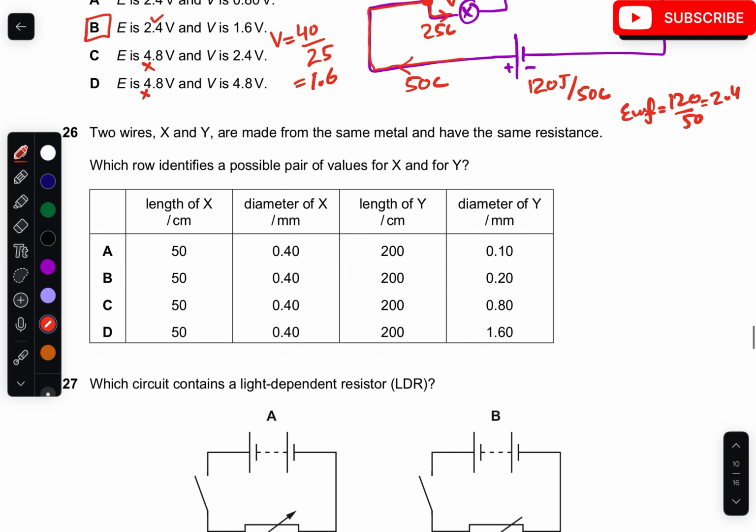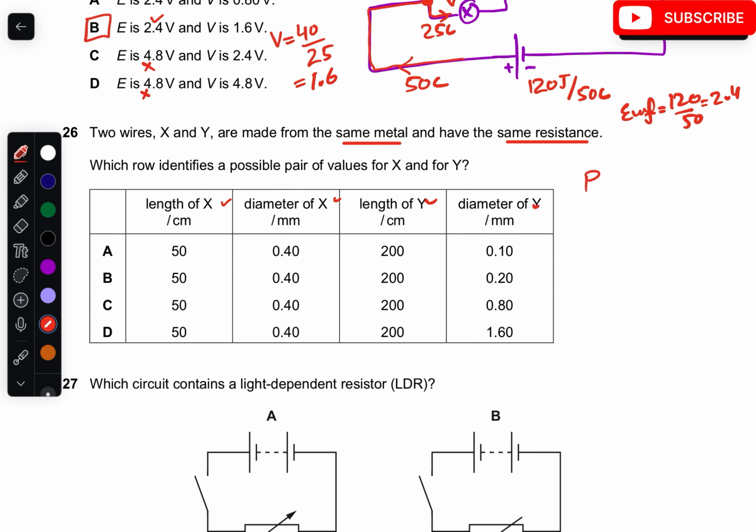Moving forward, question 26. Two wires X and Y are made from the same metal and have the same resistance. Which row identifies a possible pair of values for X and Y? The conditions are that they have the same resistance and are made of the same metal.